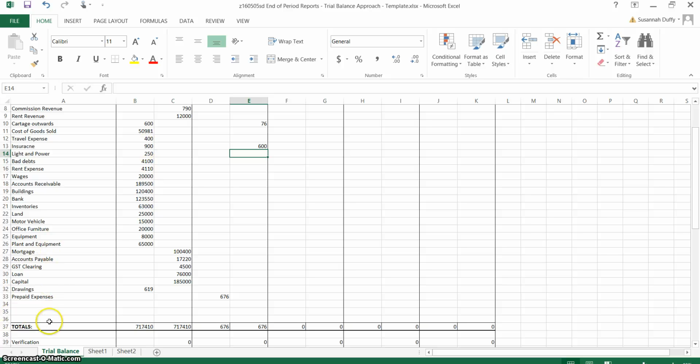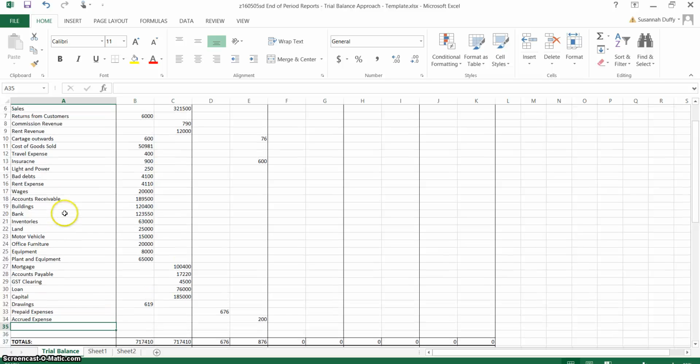If you see accrued and expense, it's going to be an accrued expense, which we know is a liability because it's something that we have to pay in the future. That amount is still owed. So we need to debit our rent expense, increasing it by the $200 that's owed.